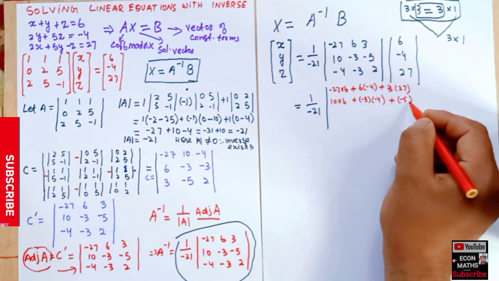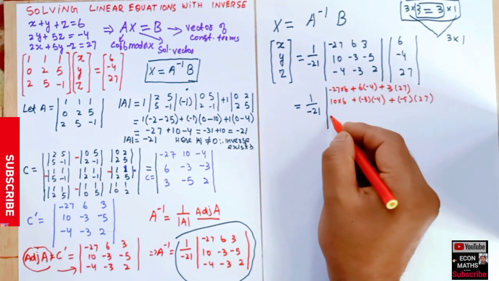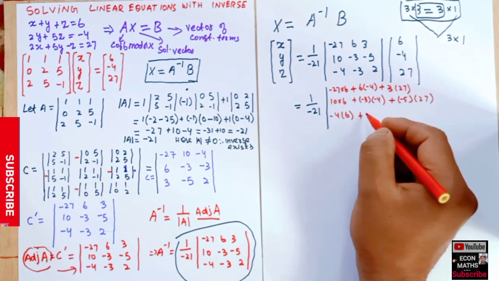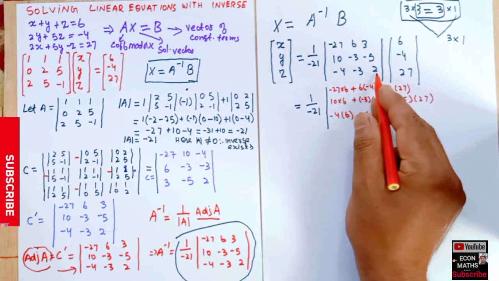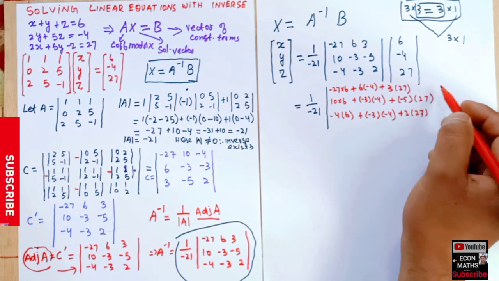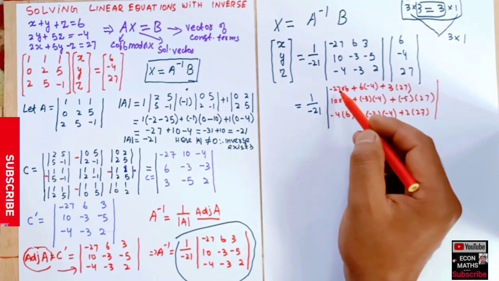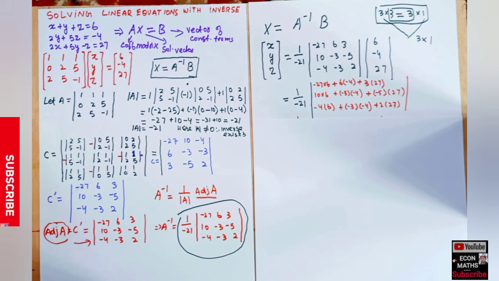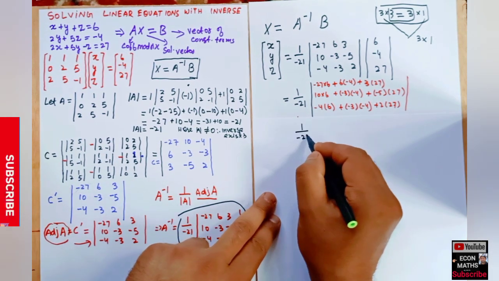Similarly, this minus 4 and 6 plus minus 3 and minus 4, and this 2 into 27. So this is the resulting matrix, that is the number of rows are 1, 2 and 3 and the column is 1. Now doing the calculation here, that is 1 divided by minus 21.